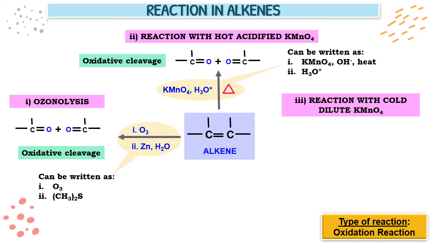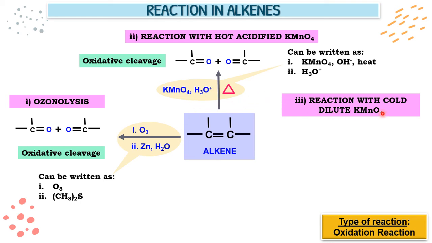This third reaction is slightly different from the other two. Why is it different? For ozonolysis and reaction with hot acidified KMnO4, we have oxidative cleavage where at the carbon-carbon double bond, we break those two bonds to form two separate molecules.